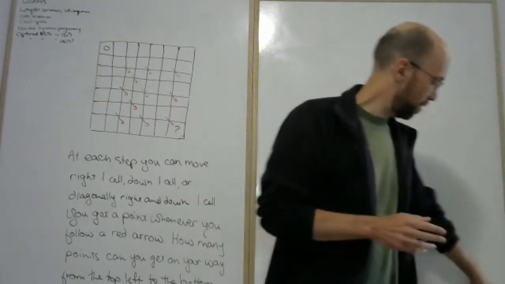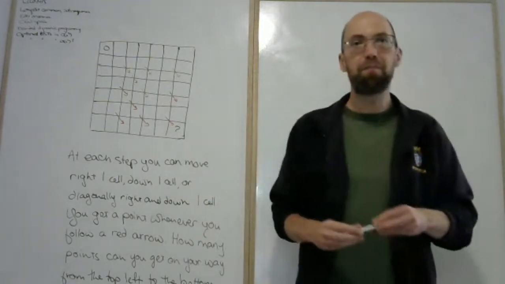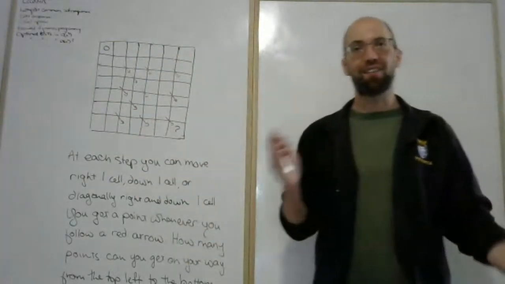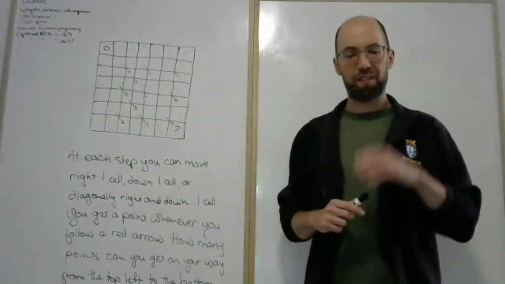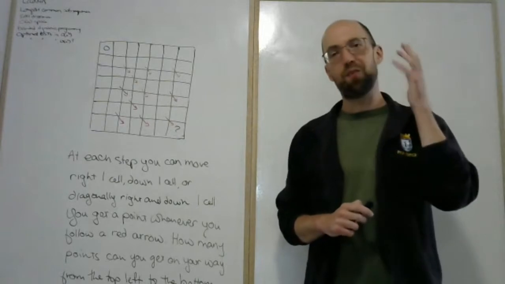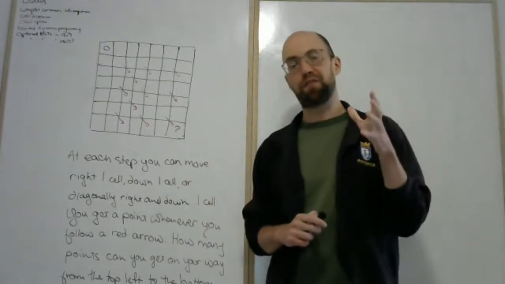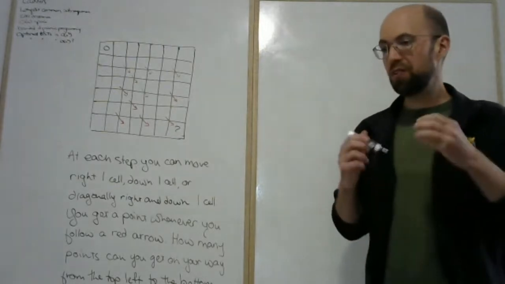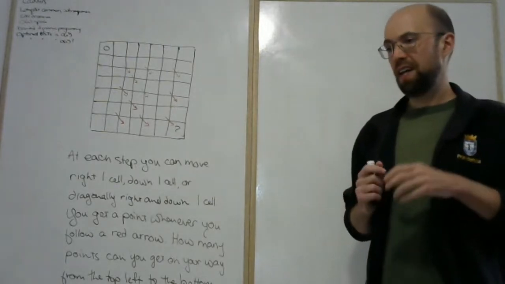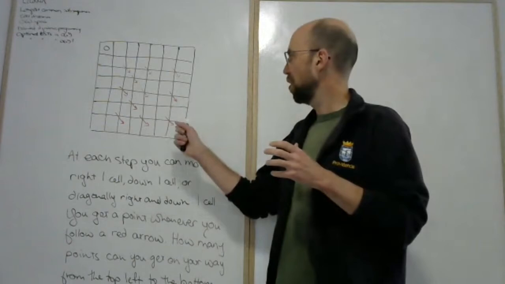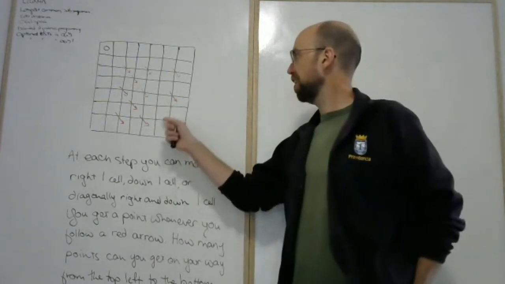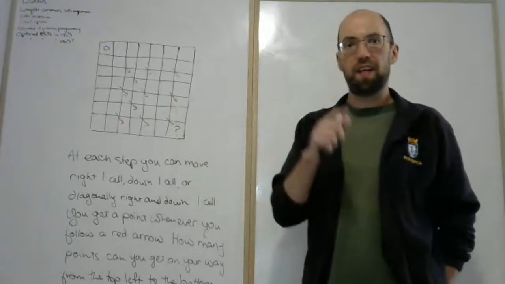But if you had a bigger grid, more ladders, then you want to do this methodically. You want to come up with an algorithm for doing this. So what you would do is figure out what's the max you can get from here by looking at its neighbors.